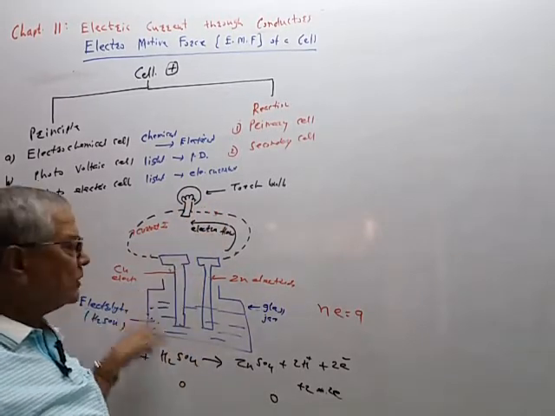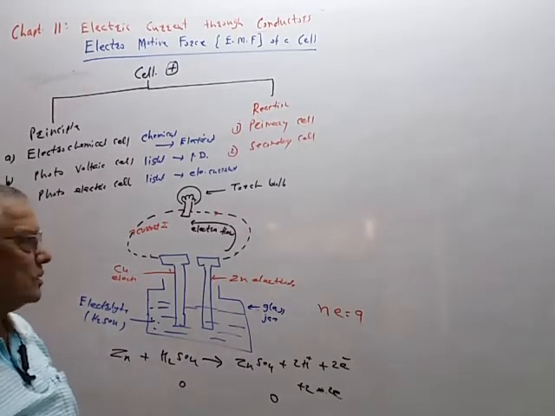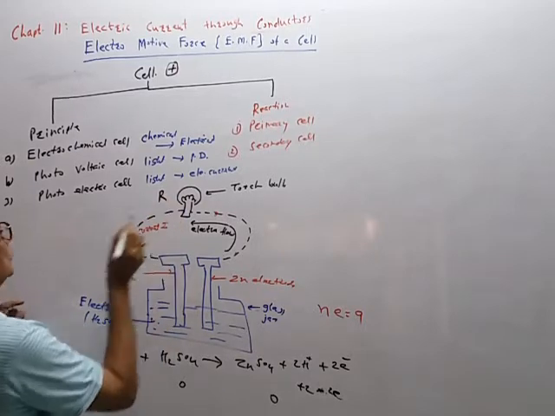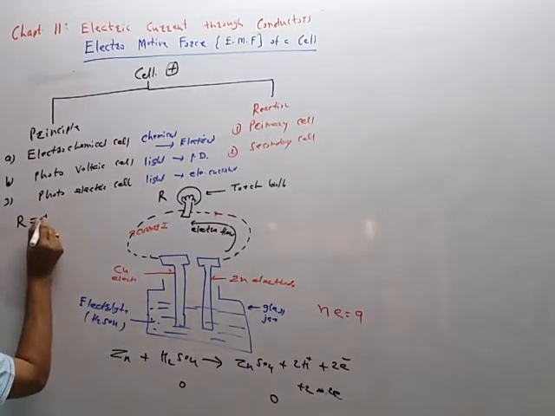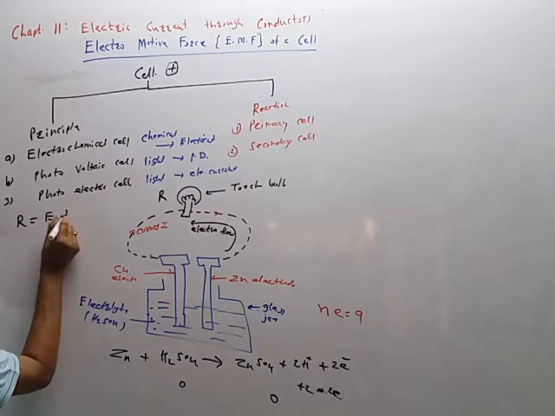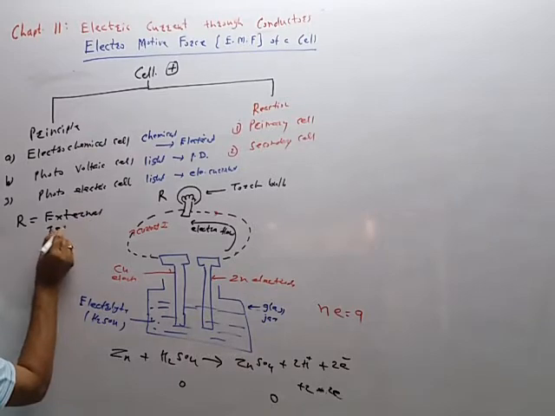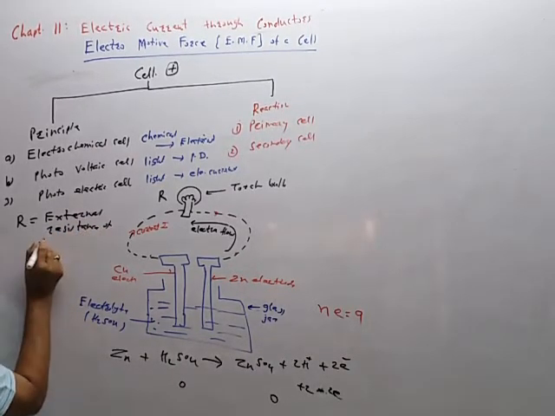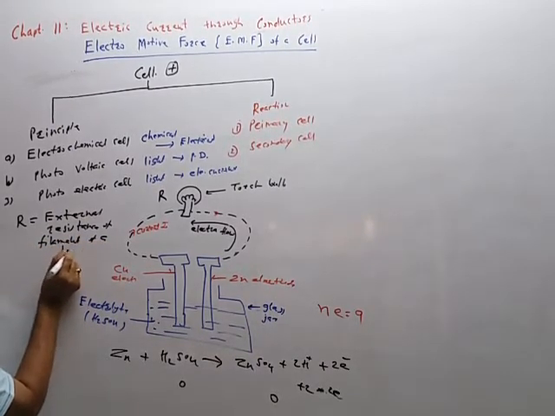So in this circuit actually there are two types of resistances. One is an external resistance R. So R is the external resistance of the filament of a bulb.